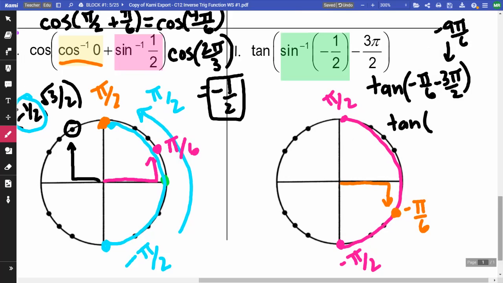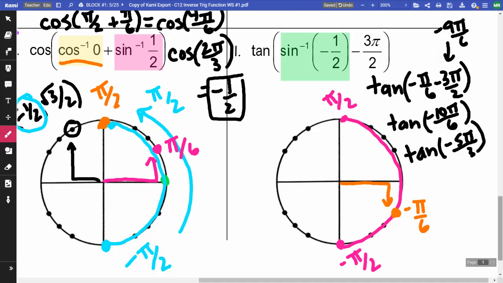And negative pi 6 and a -9 pi 6 is a -10 pi 6. And that reduces down to a -5 pi thirds. And so I want tangent of -5 pi thirds.